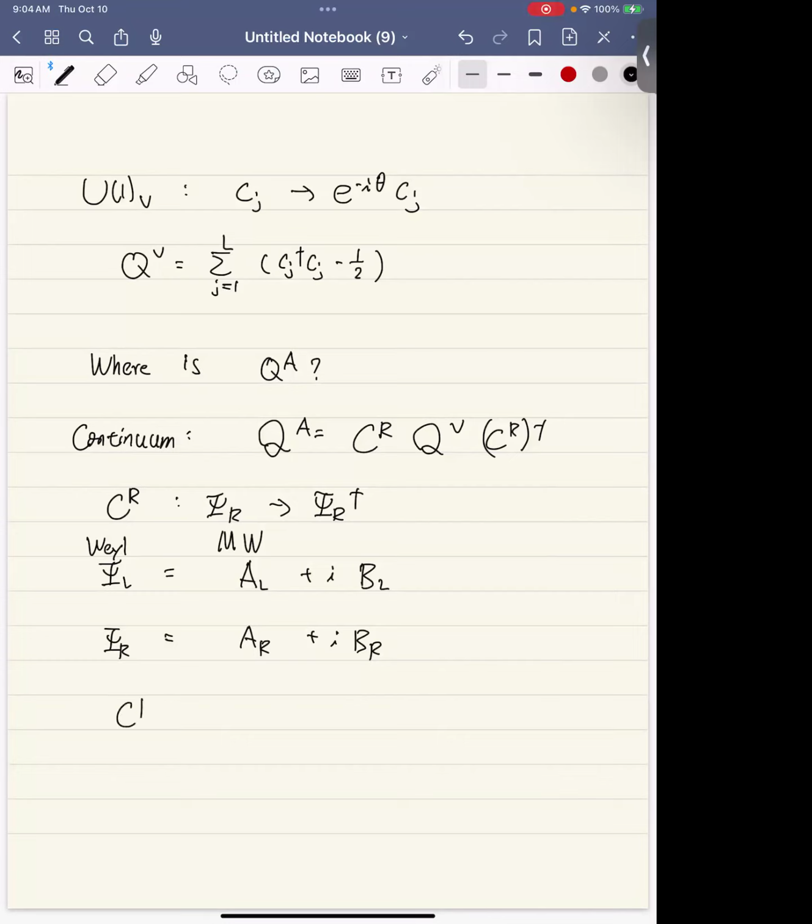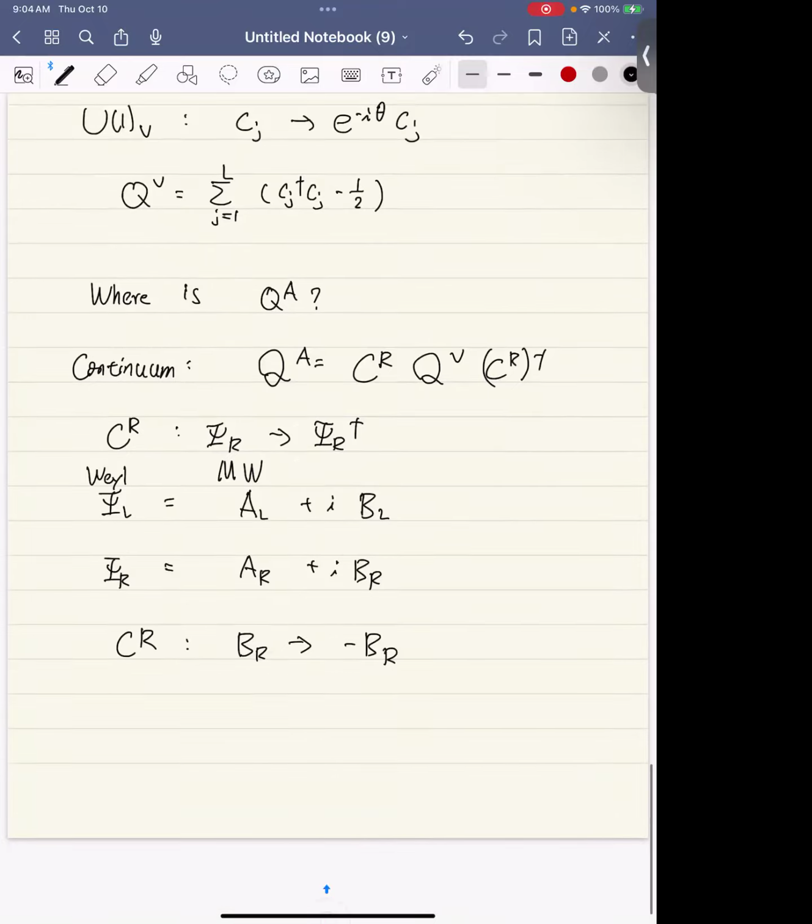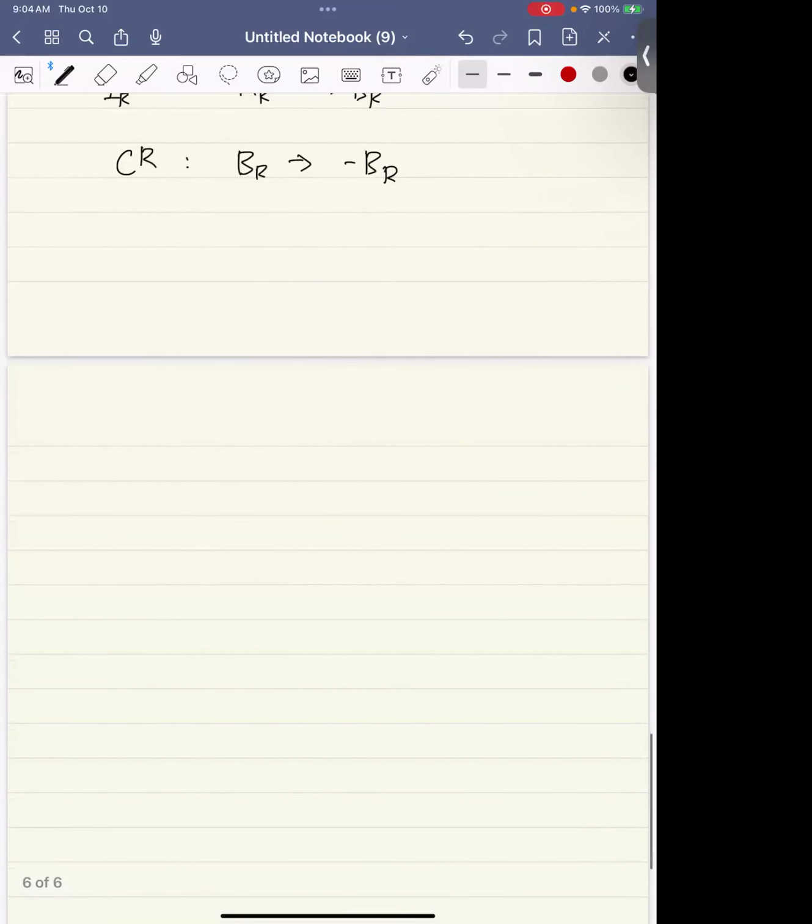Then you see C_R only flips the sign of a single Majorana-Weyl fermion. So the goal at this point is just to realize a symmetry on the lattice that flips the sign of a single chiral fermion. Now that has a well-known answer.